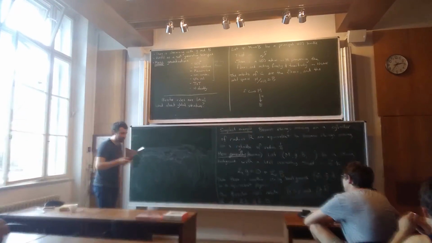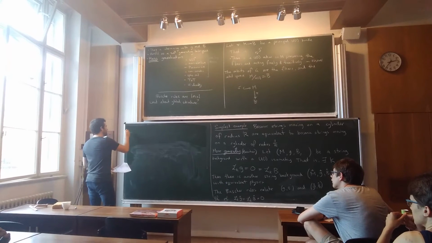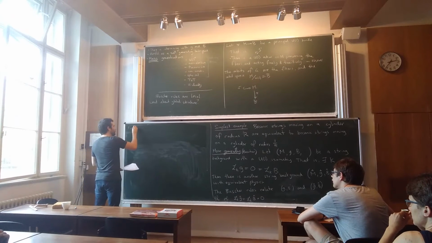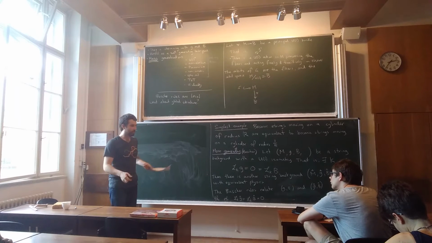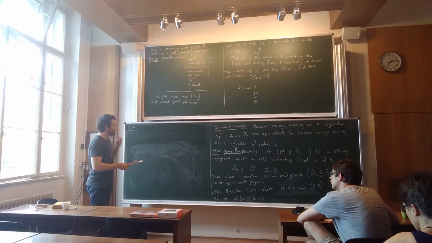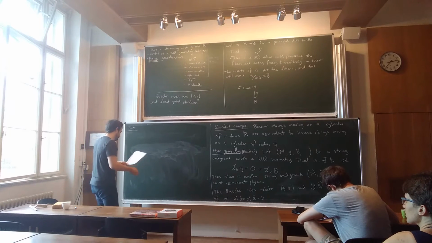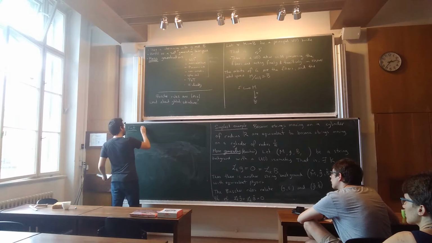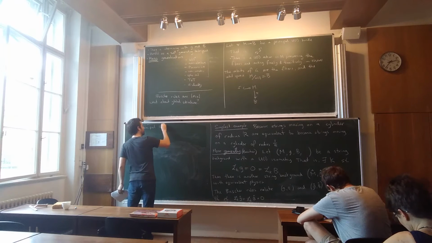It is a fact, a theorem, probably several theorems, which give us a classification of principal U1 bundles, principal S1 bundles. In particular, they're classified after isomorphism by elements of some cohomology.